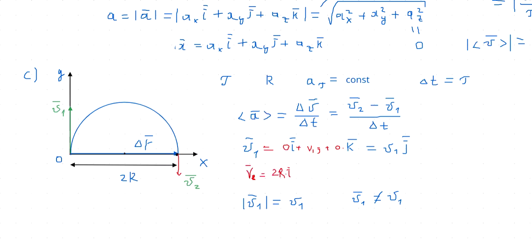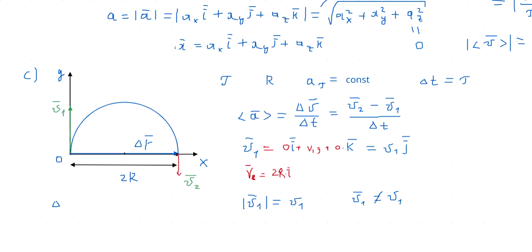The x component should be like 2R in the displacement, but the x component will be 0 for v2, because delta R is the blue vector.